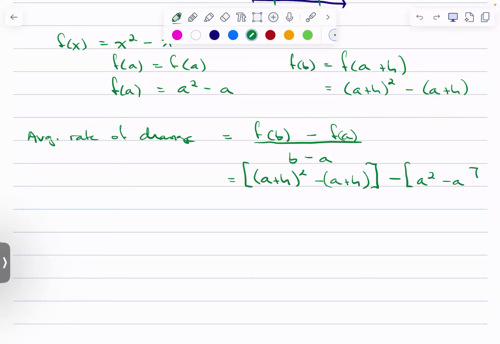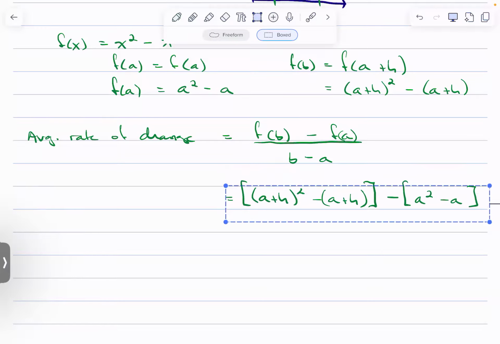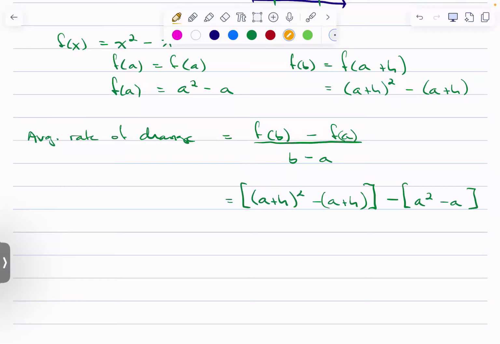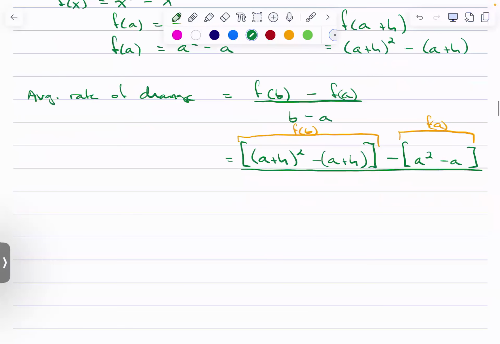Oops. Big square brackets. Maybe I'll just bump this down a line so I can make a quick note that this is f of b, of course, and this is f of a earlier. Divided by b, which is a plus h.